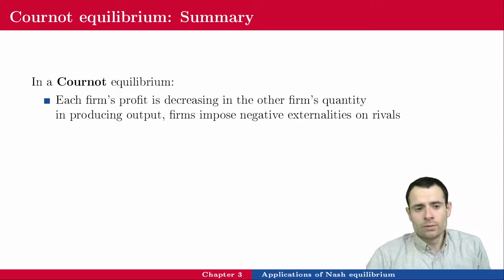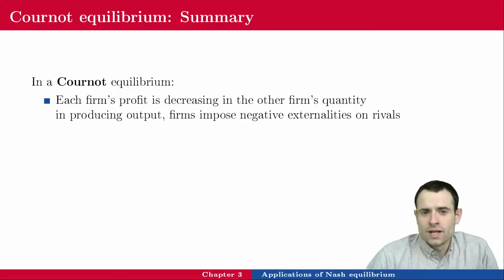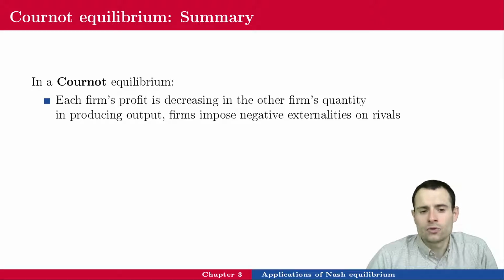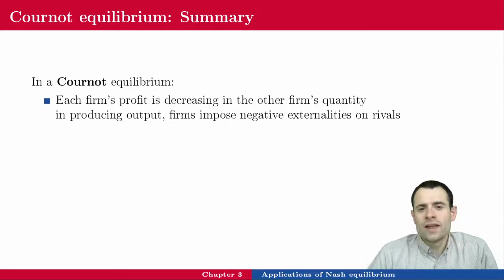In a Cournot equilibrium, each firm's profit is decreasing in the other firm's quantity. We can see this by looking at the profit functions. The profit of firm 1 depends negatively on the quantity chosen by firm 2. So when they produce output, firms impose a negative externality on their rival.